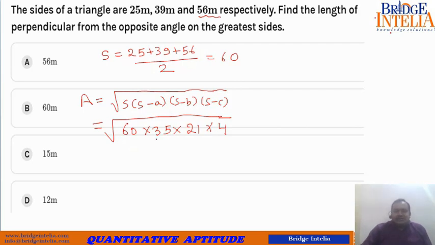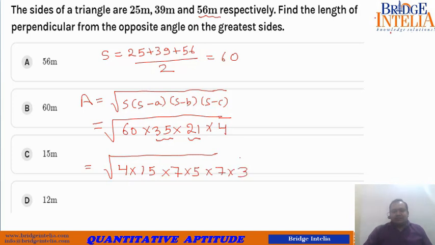Some things are very visible. 35 and 21 both contain 7. So break them so that they create pairs. 60 can be written as 4 into 15, so that 4 and 4 create a pair. 35 can be written as 7 into 5, 21 can be written as 7 into 3, into 4. So let me see what pairing has been done.